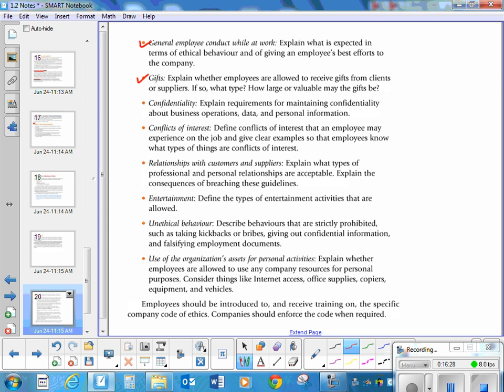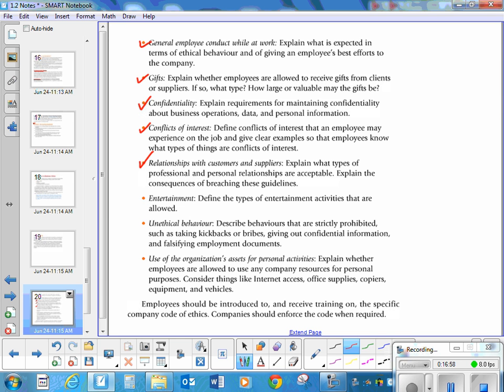Confidentiality. We have lawyers, we have doctors that need to make sure what is said to them is kept confidential. Conflicts of interest. So that just means that if you are involved in a certain company personally, you won't be the person making decisions for that company if you happen to be their accountant. Relationships with customers and suppliers, so same thing, just making sure that people aren't bribing and whatnot.